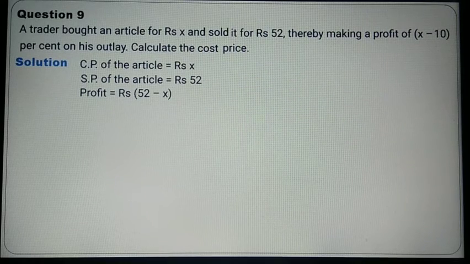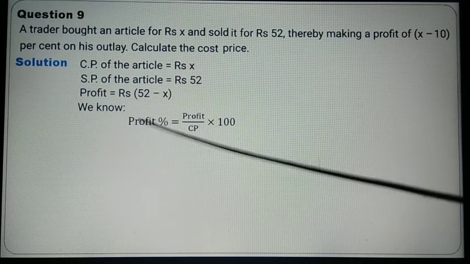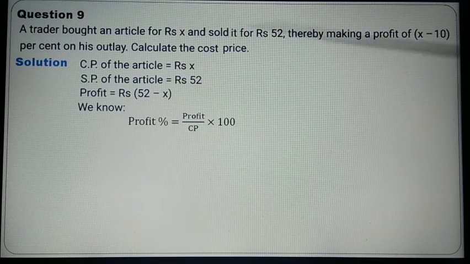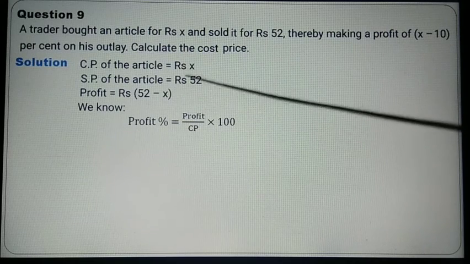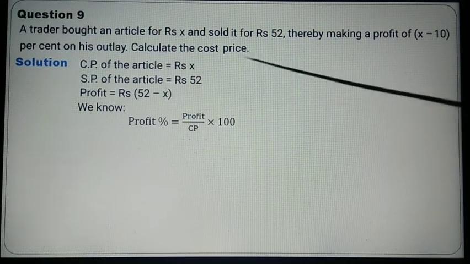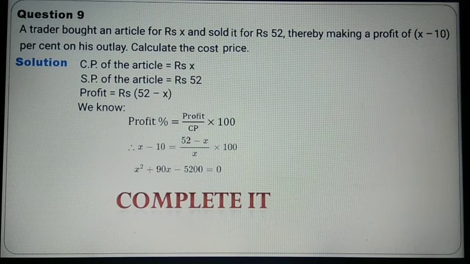Profit percent is given to be X minus 10, and we know the profit percent is calculated using this formula. So what is profit? Profit is 52 minus X. What is CP? CP is X. So you'll get this much and arrive at the quadratic equation given by this, and you will complete it by yourself.